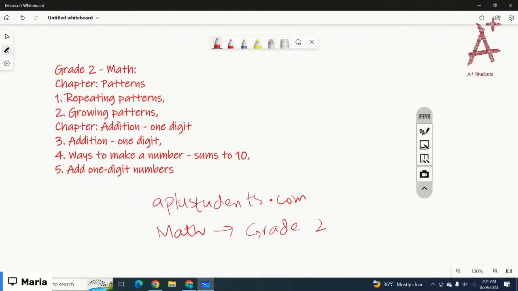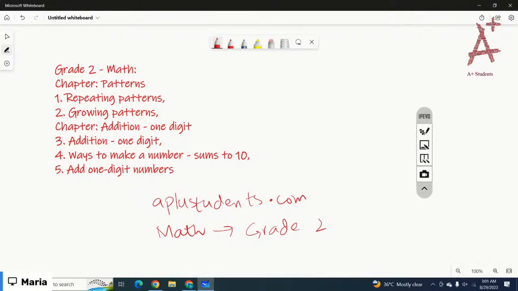We're going to start with the chapter patterns. The lessons we're going to cover from the chapter are repeating patterns and growing patterns. Then we'll start the new chapter, that is addition one digit. The lessons we're going to cover from the chapter are addition one digit, ways to make a number, sums to 10, and add one digit numbers.